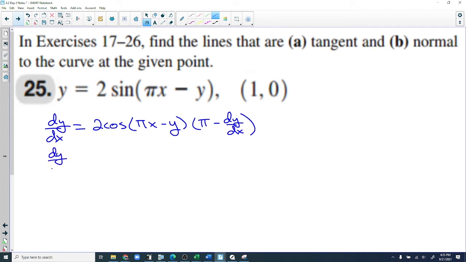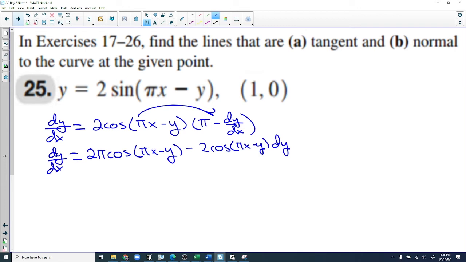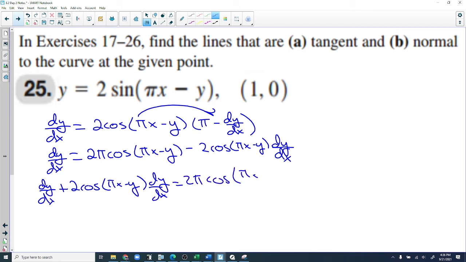So dy/dx is equal to 2 pi cosine of (pi x minus y). I'm distributing this through, and then minus 2 cosine of (pi x minus y) dy/dx. Now I'm going to add that over. So we have dy/dx plus 2 cosine of (pi x minus y) dy/dx is equal to 2 pi cosine of (pi x minus y).